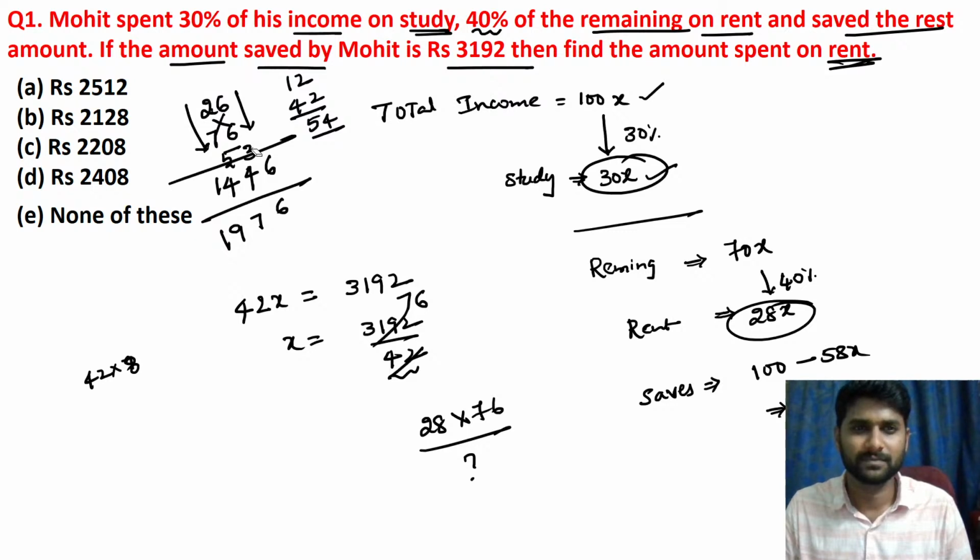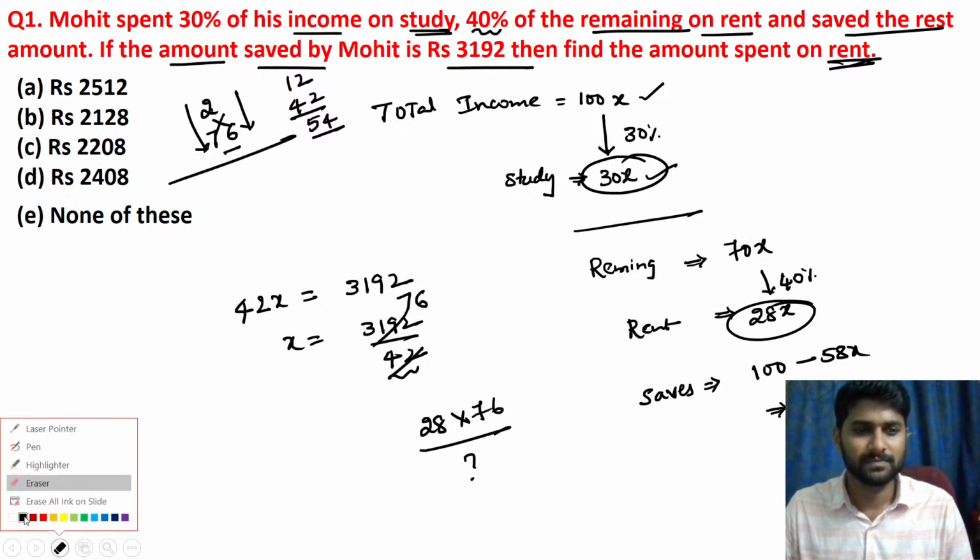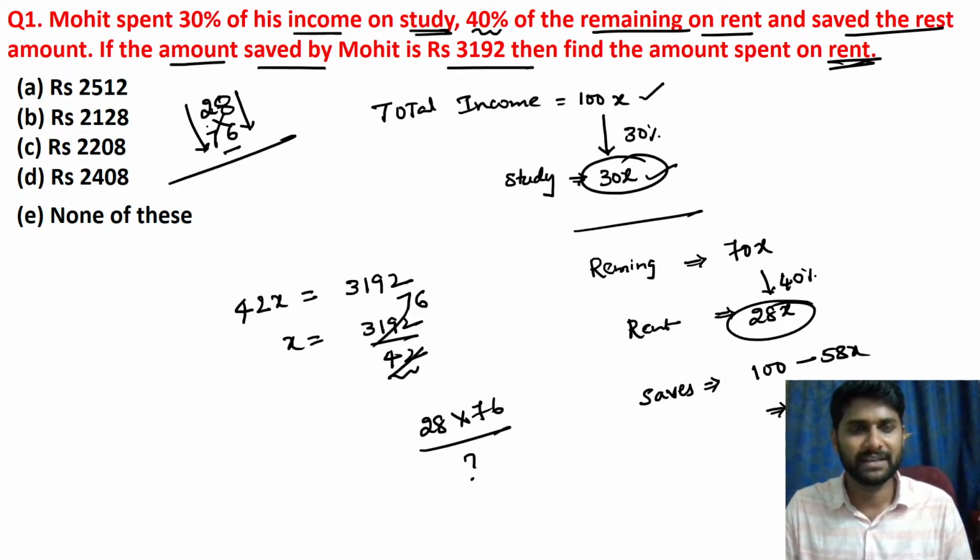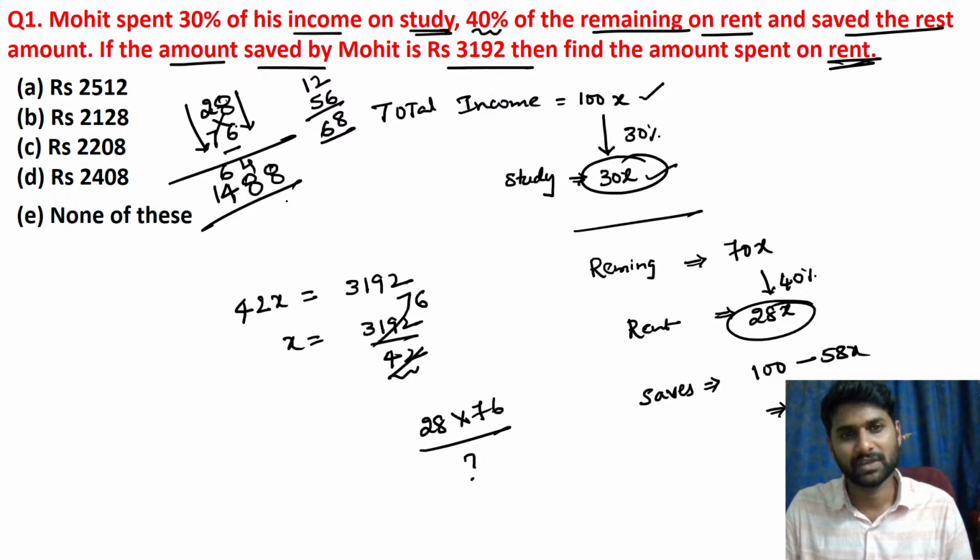Wait a second, here we should multiply with 28x, because he spent 28 units. Let me repeat the entire calculation. 7 twos are 14, 2 6s are 12, 7 8s are 56. Finally, 8 6s are 48. So the answer is 2,128.